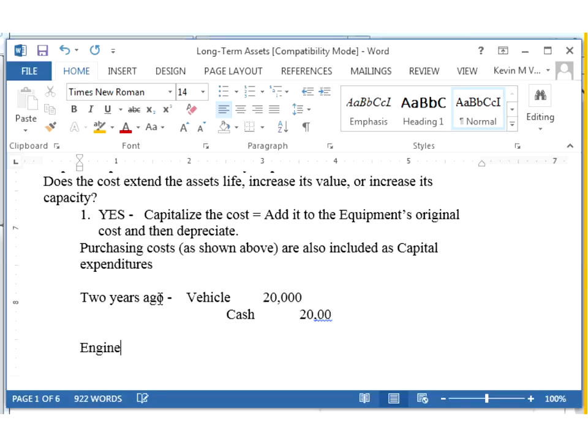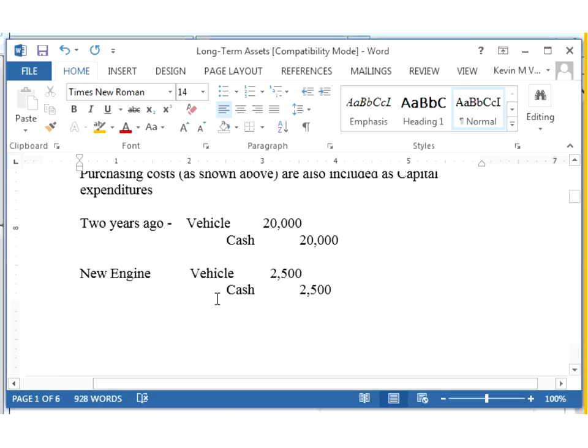And then now I buy a new engine for my vehicle. I do not want to expense this because this item was going to last me longer than a year. What I want to do is put it right into the vehicle's account. And so now my vehicle is worth not $20,000, but $22,500. So again, when we purchase a new engine for the vehicle, I'll put that here, new engine. For the vehicle, we're going to actually debit our vehicle account.